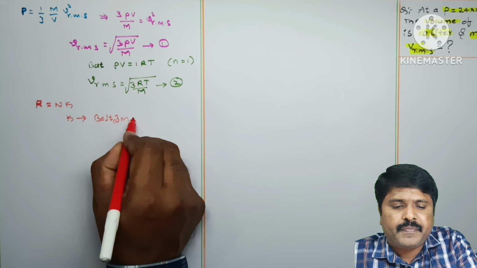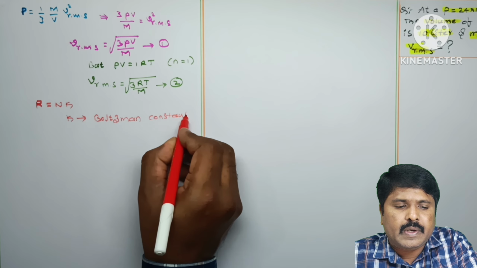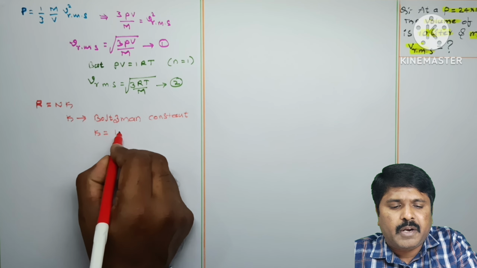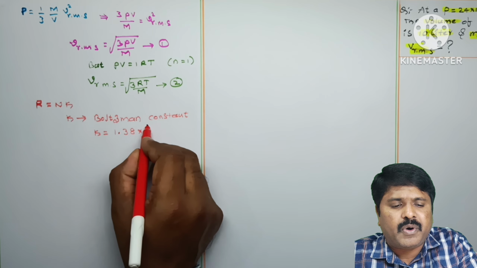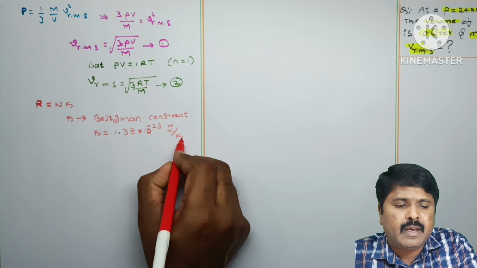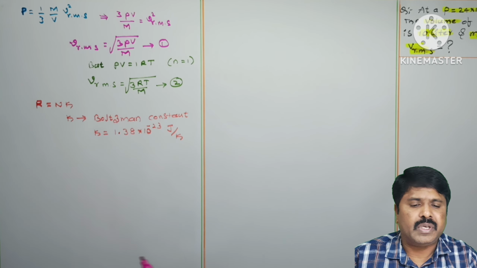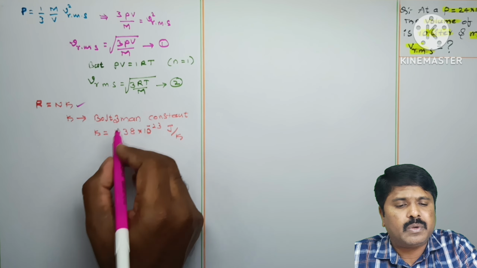So that K value is 1.38 into 10 to the power of minus 23 joule divided by Kelvin.